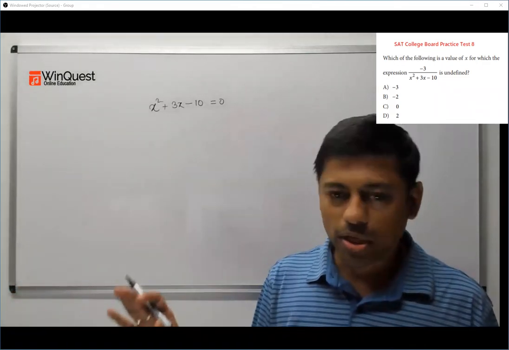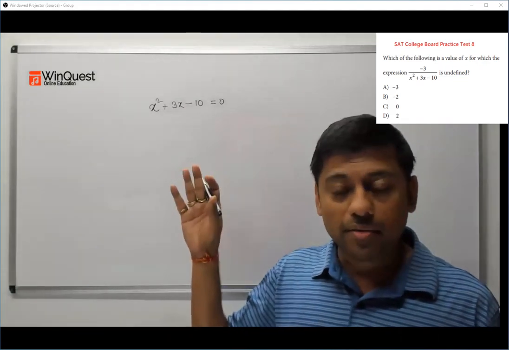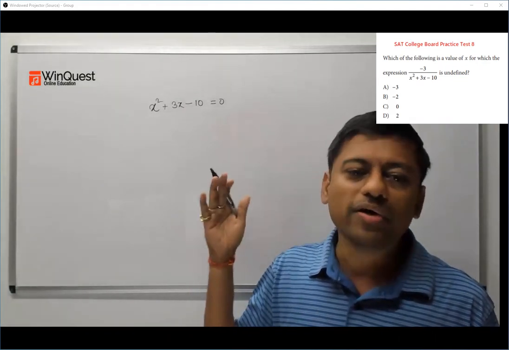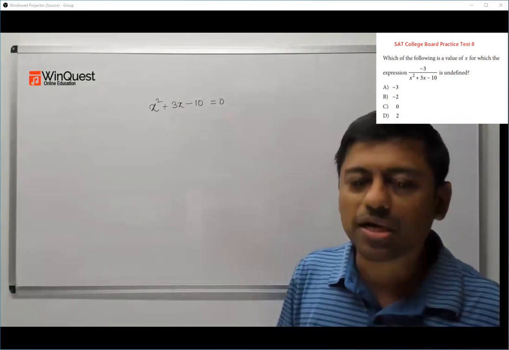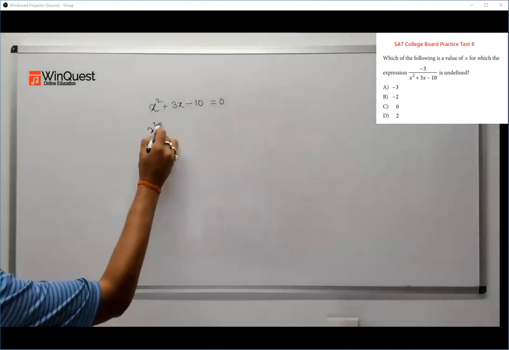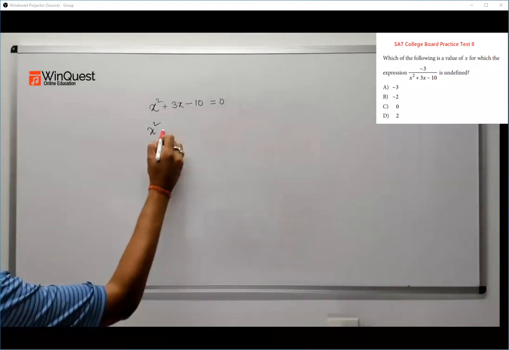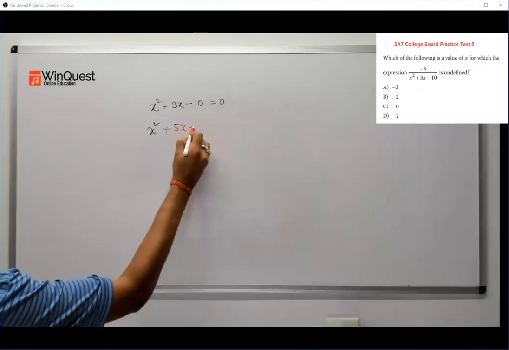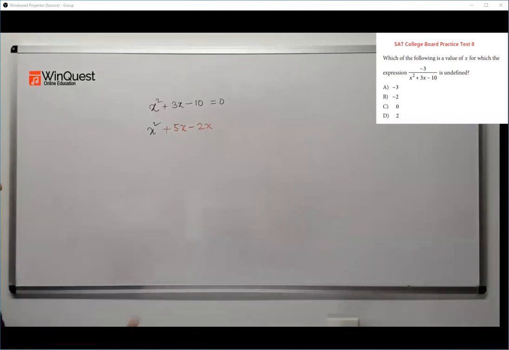Doesn't matter. If my eyes are telling me that this is not a very complicated one, let me do a middle term factor. I will write x square and 3x. I will write it as 5x minus 2x. Is that fair enough?